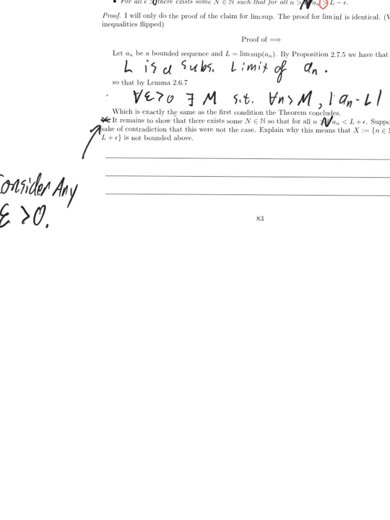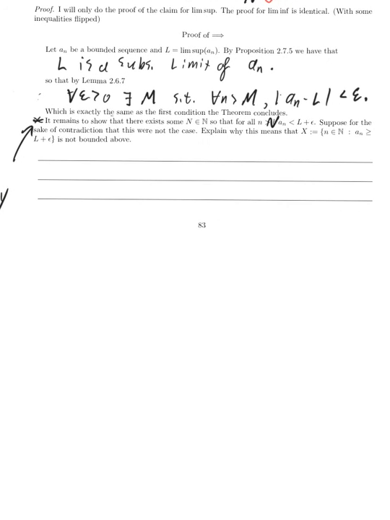So now epsilon is a fixed number, but it could be any fixed number. So let's suppose, for the sake of contradiction, that it were not the case that there exists some big N such that for all little n bigger than big N, a sub n is less than L plus epsilon. I'm going to show that this set is not bounded above.